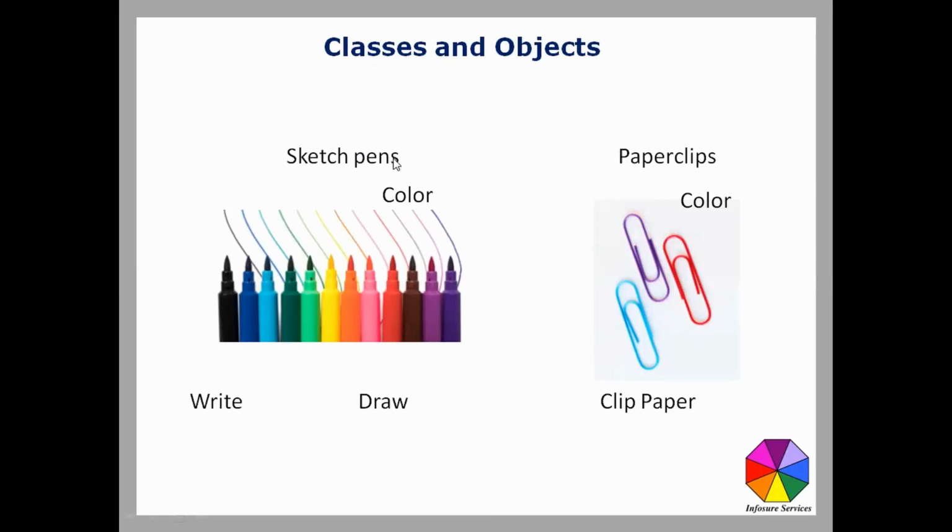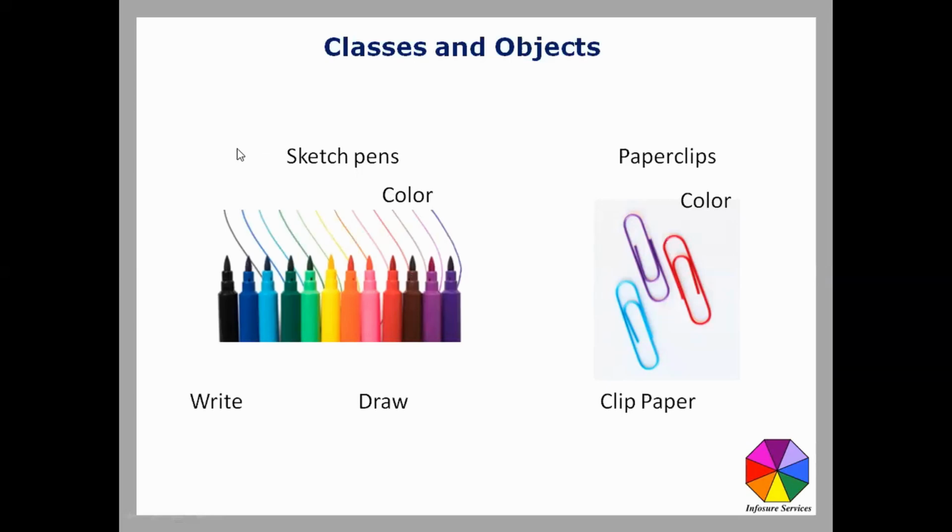Okay, still a further example. I have sketch pens here. Each of them has a different color. They all have different properties, which is color. The color itself is a property of the class.